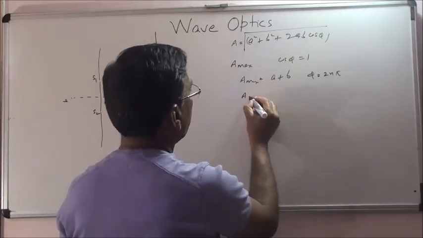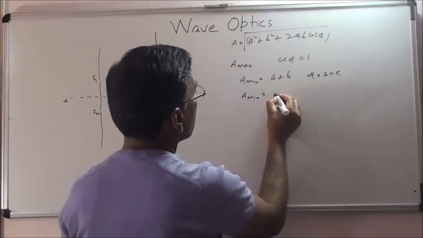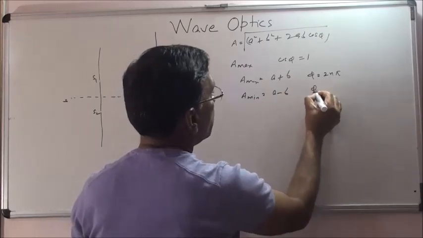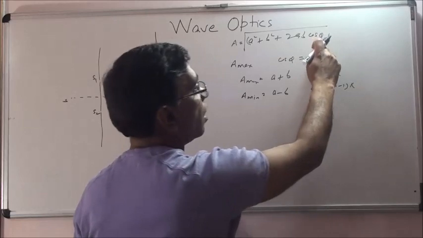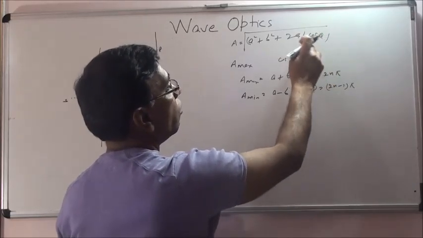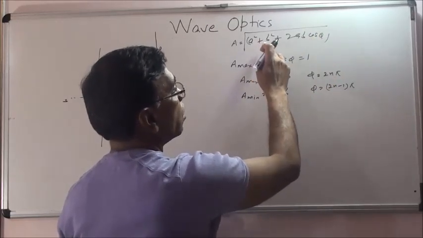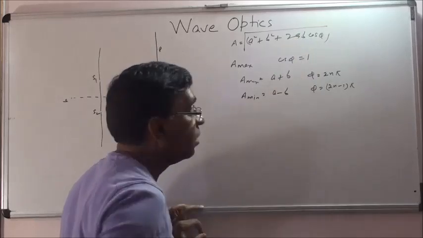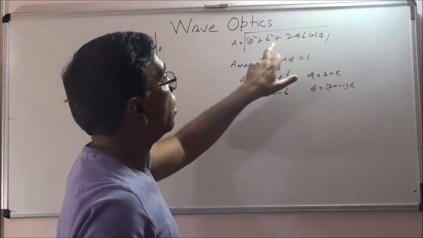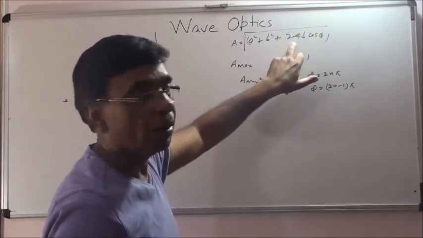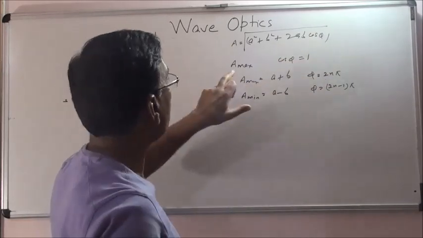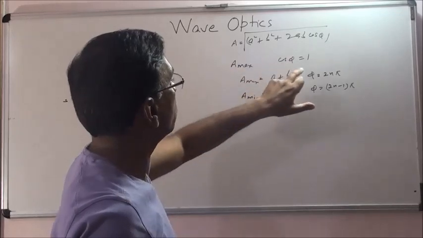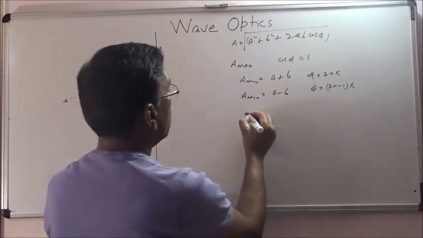For the minimum, it is a minus b, when phi is (2n minus 1) pi. If it is pi, 3 pi, 5 pi, cos phi becomes minus 1, so it will be a square plus b square minus 2ab, and A will be minimum. A square is maximum when cos phi is 1.